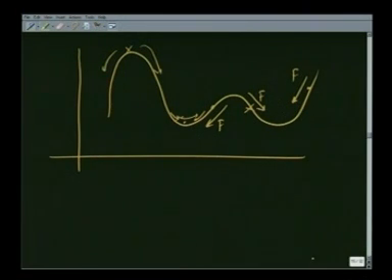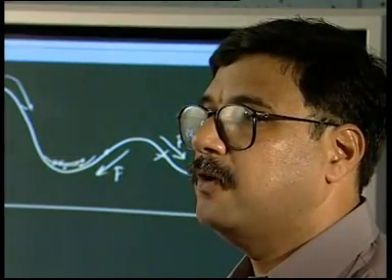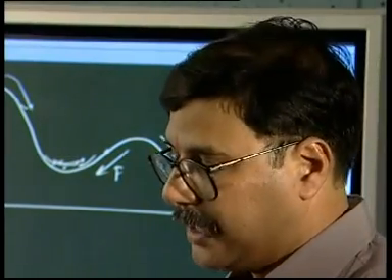One interesting thing that comes about then is, if you are at a minimum and particle is displaced from it, it tends to come back. In fact, if the displacement is very small, you will see that it will start performing simple harmonic motion. Let me explain that.